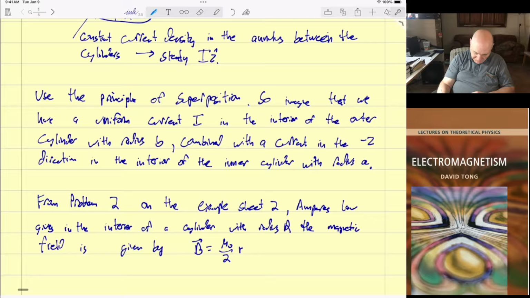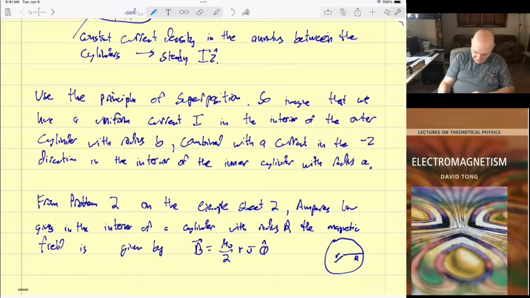So what you have is a cylinder of radius R, and we have a point that's R away from the center. Let's add a mu0 over 2 R J, and then there's a current density J times phi-hat.